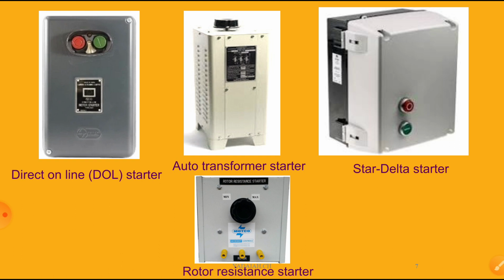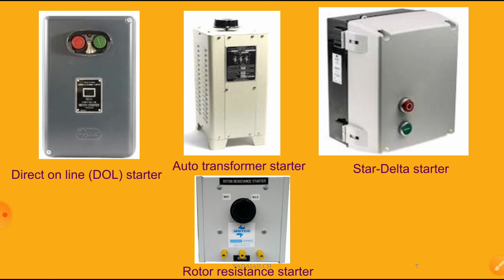So these are the four, and not only these, the soft starter is also used nowadays in our electrical fields to control and protect AC motors, mainly induction motors. It not only controls the starting current, at the same time it can be used to protect the motor.